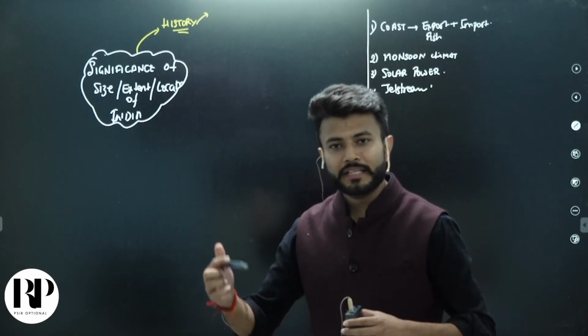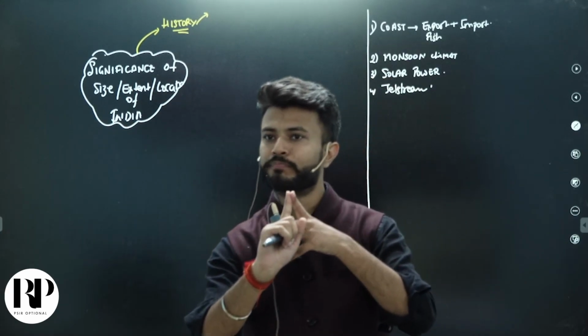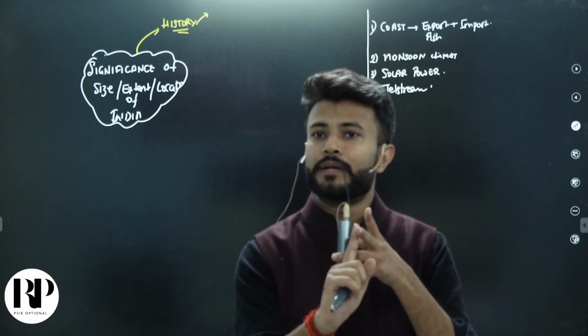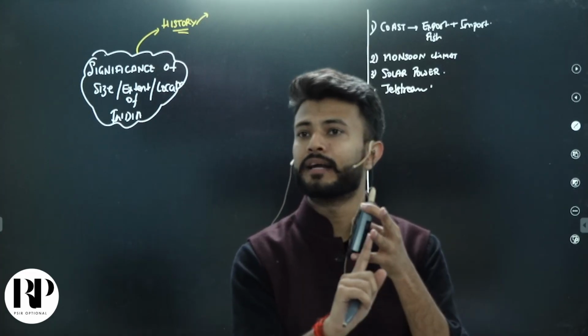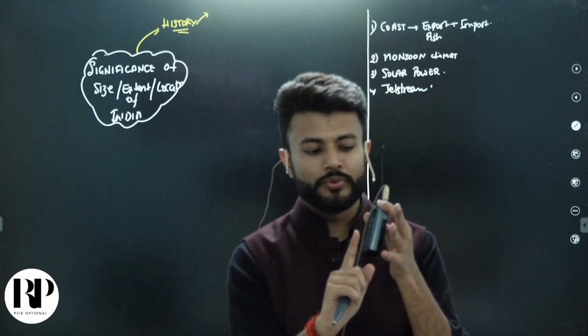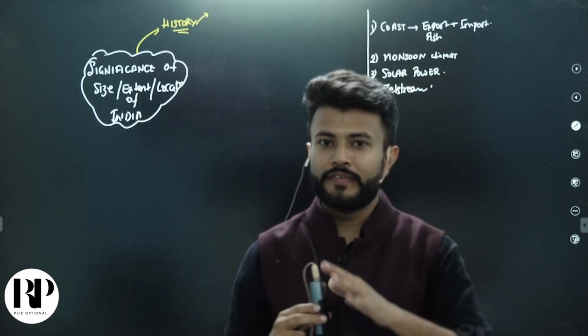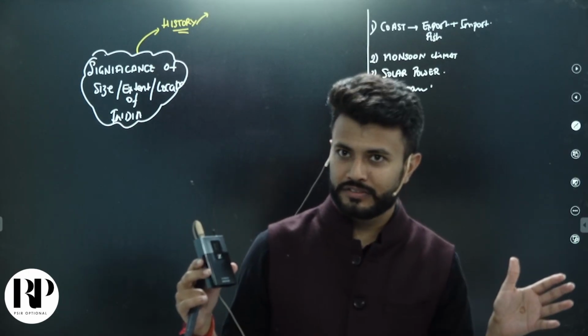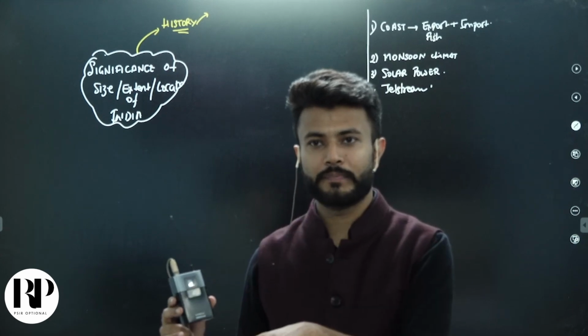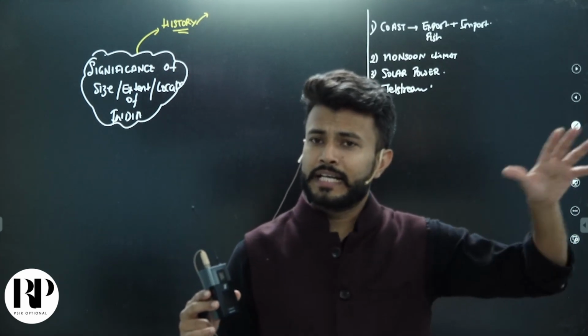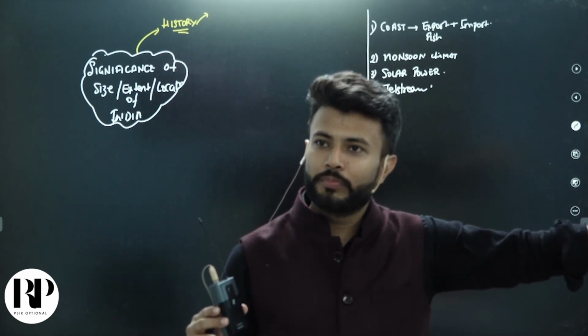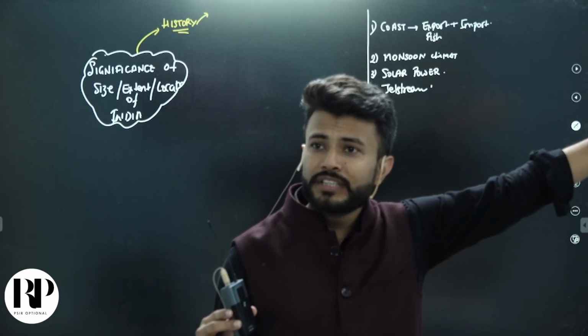So that means we had the capability of ports, we had better climate, we had fertile soils, we had river waters, perennial rivers. When you see the ancient civilizations, in India you had Harappan and Vedic civilizations. Contemporary to the Harappan civilization, you had the Mesopotamian civilization, you had the Roman civilization.